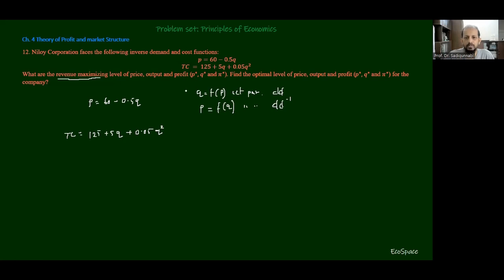That means our problem is, first we are going to find the revenue maximizing activity level, P star, Q star, and pi star. And then we find the optimal level of price, the profit maximizing activity level of P star, Q star, and pi star.